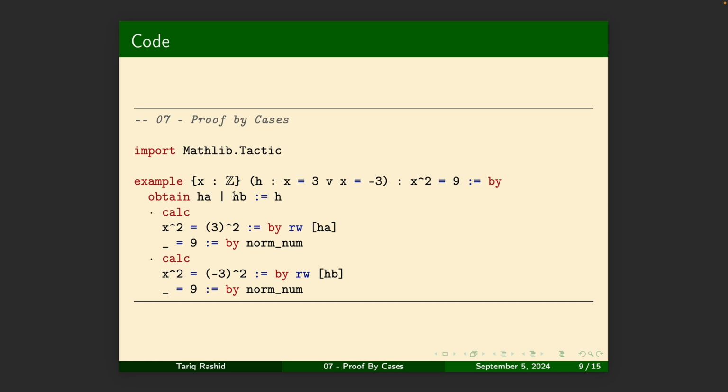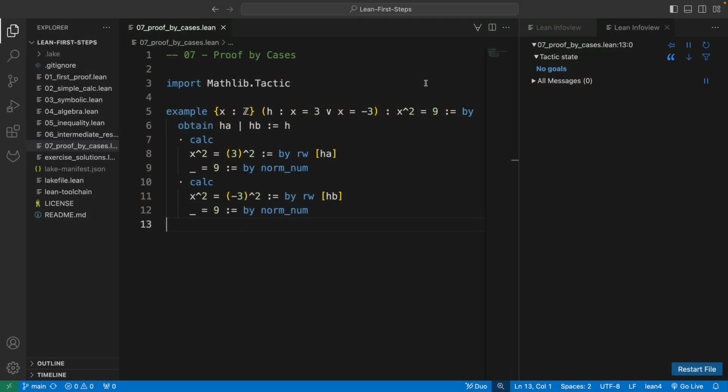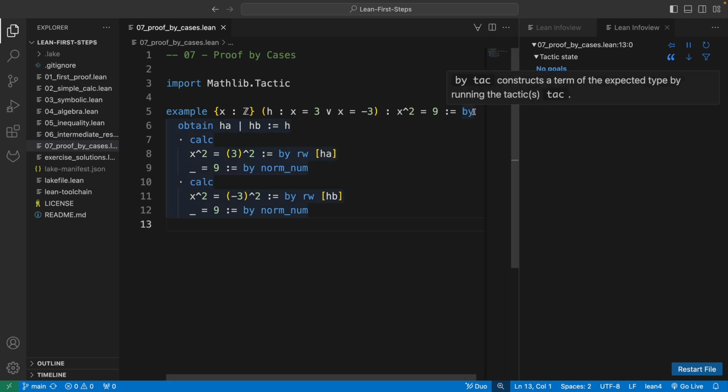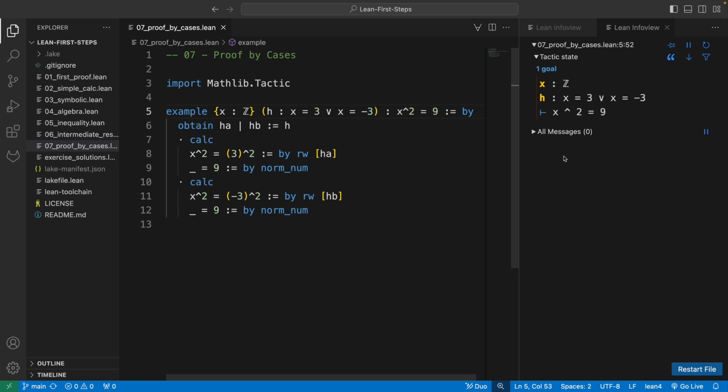So let's look at the live editor to check that we understand what ha and hb are. Let's have a look at what Lean thinks is happening. If I put my cursor at the end of the first line, the Infoview will tell us what Lean thinks is happening. It tells us that Lean knows that x is an integer there.